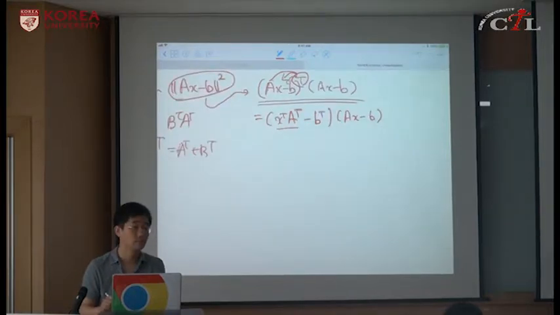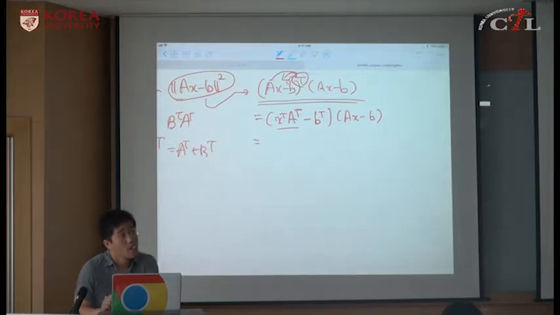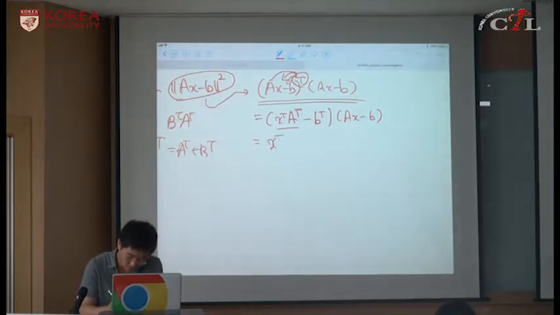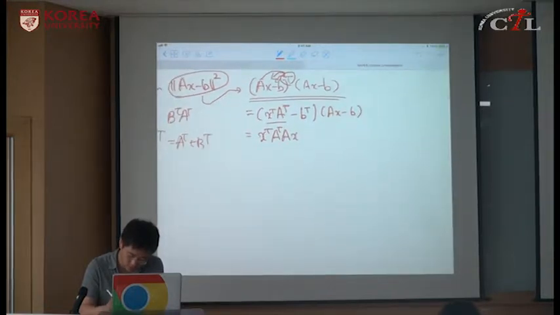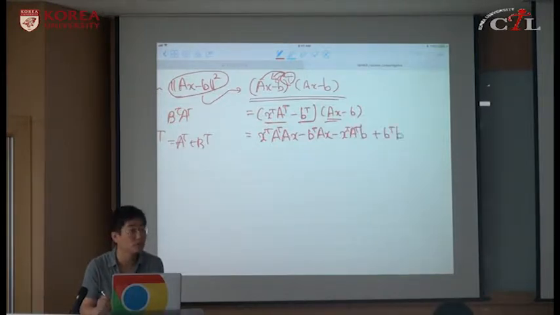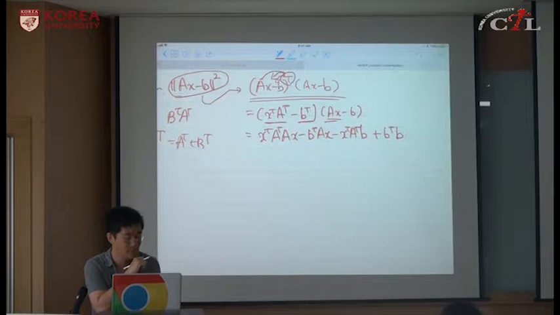Let's distribute and compute: this times this, B transpose Ax minus x transpose A transpose b, plus B transpose b. So I just rewrote this equation.